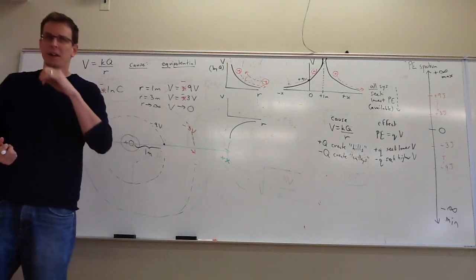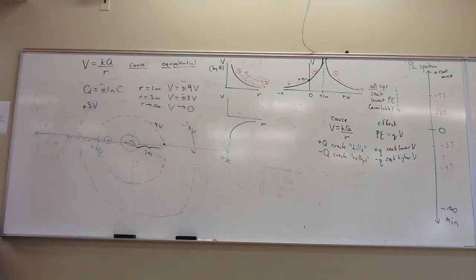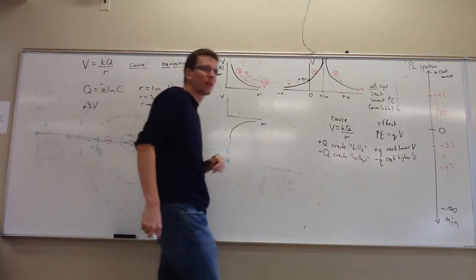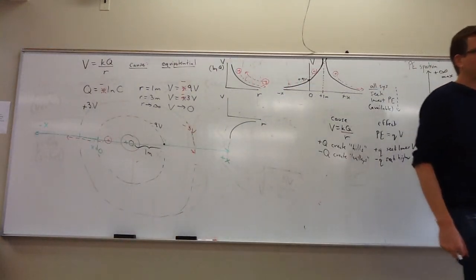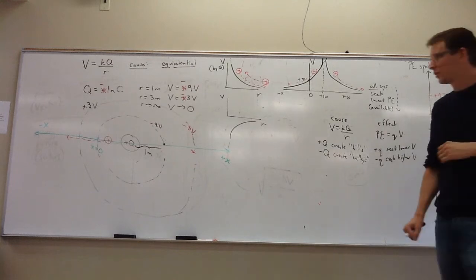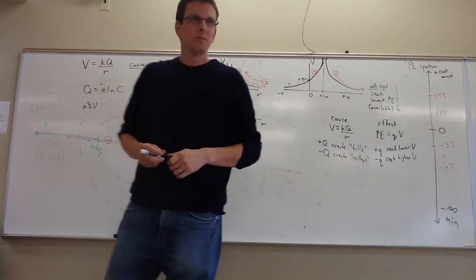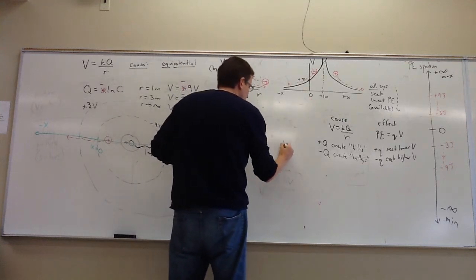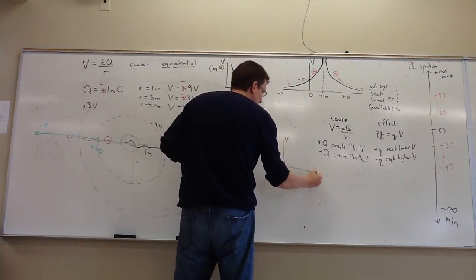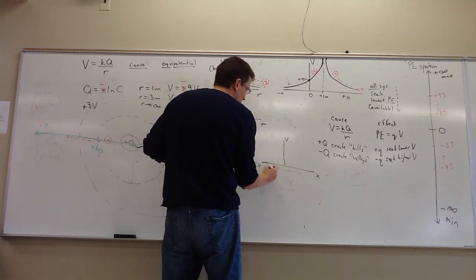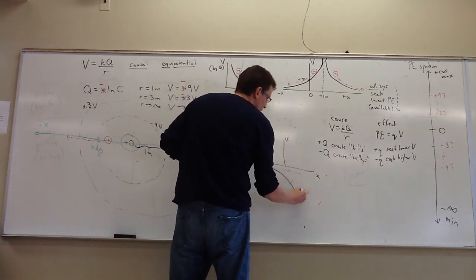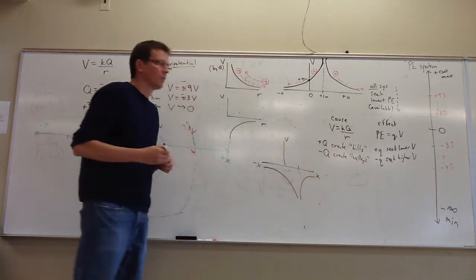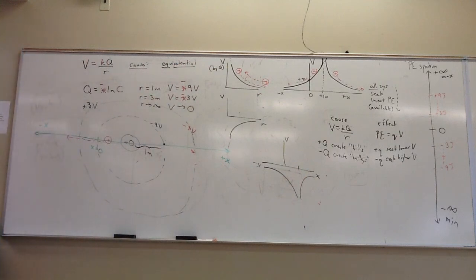As you walk away from a negative charge, you're climbing out of a depression, up to V equals 0, instead of down to V equals 0. If you chose instead to represent it as an x-axis, it would be a depression centered where the charge is, and you climb out of it to either side.